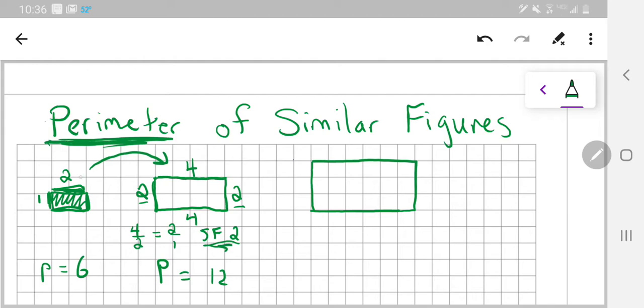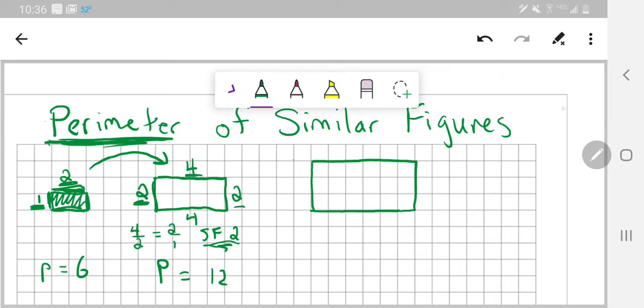This original 2 right here went to 4. It doubled by the scale factor, multiplied by 2, and then the 1 to 2. So if all the side lengths doubled, it stands to reason that the perimeter would also double.